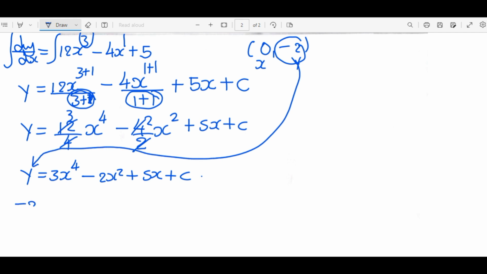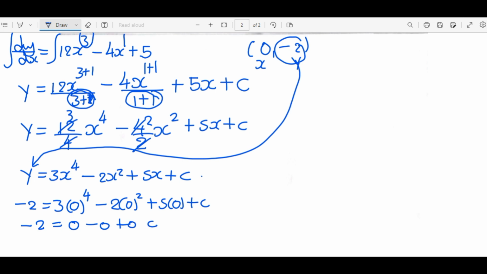So we have -2 is equal to 3 times 0 raised to the power 4, minus 2 times 0 raised to the power 2, plus c. So -2 equals 3 times 0 to the power 4 is 0, minus 0 plus c. We can just cancel this. c is equal to -2.